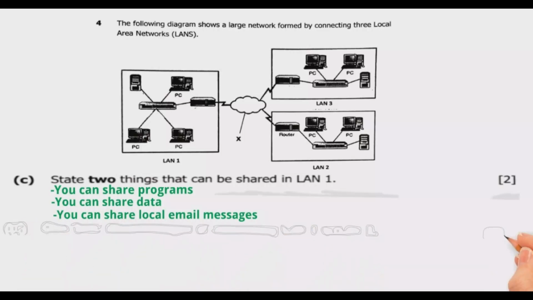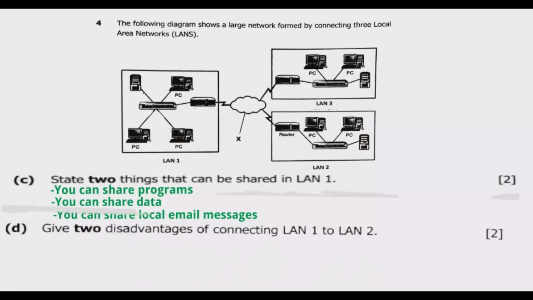We go to question number D, which is give 2 disadvantages of connecting line 1 to line 2. The first one is there will be a breach of security, which is lack of data security and privacy.